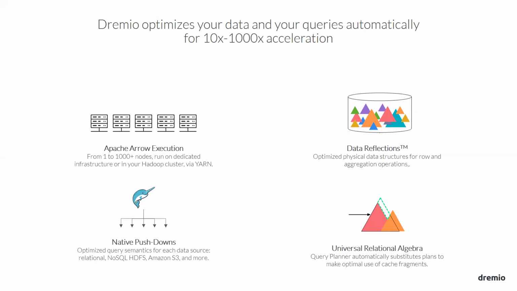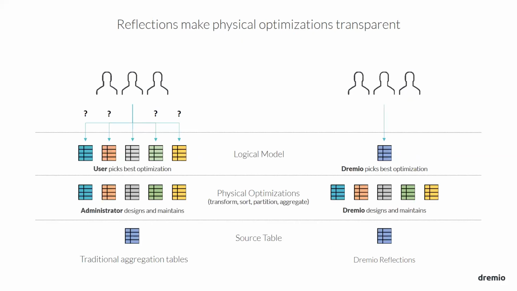So different representations of the data. The optimizer is able to leverage these data reflections automatically for an end user without the end user needing to think about what exists, what's materialized, what's not. The user can just think about the logical world where all the data is exposed to me. I can do whatever I want with it.